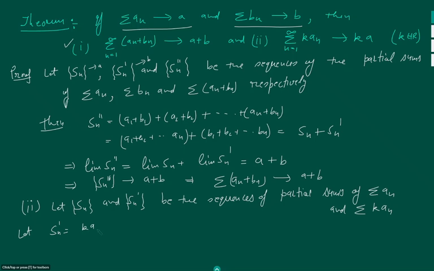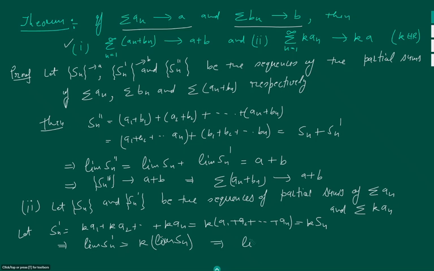is equal to ka1 plus ka2 plus kan, which is equal to k times a1 plus a2 plus an, and which is equal to k times Sn. This implies the limit of Sn dash is equal to k times the limit of Sn, and the limit of Sn is A. This implies the limit of Sn dash is equal to kA.